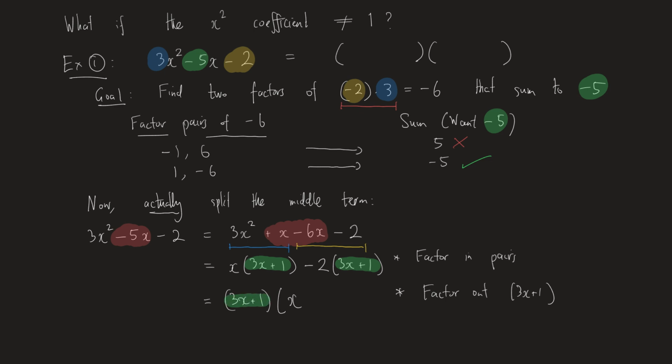Well, I get an x from the first term, and from the second term, I have that negative 2. So I get my x inside my parentheses, and I get my negative 2 inside my parentheses. Now, I'll leave you to check by foiling out that this does indeed give us our original quadratic back, but what I want to focus on now is just a couple of caveats.